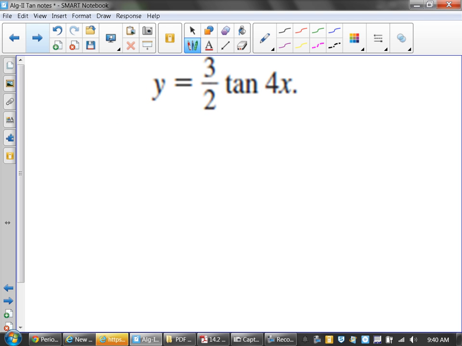So I have y equals 3/2 tangent of 4x. First thing I'm going to do is write down my a, my b, and find out my period.